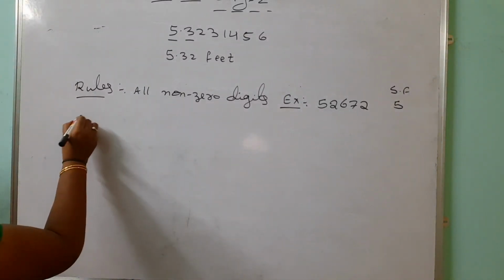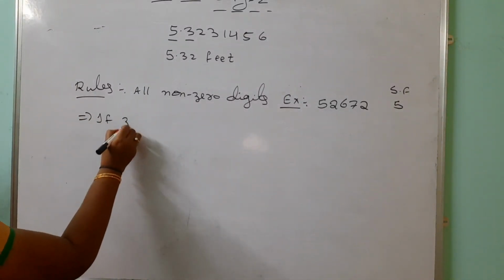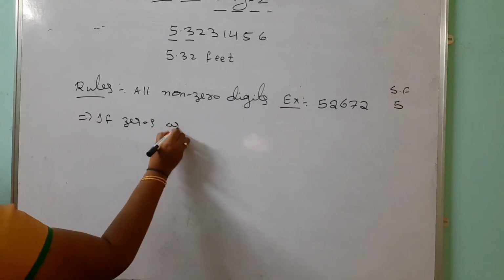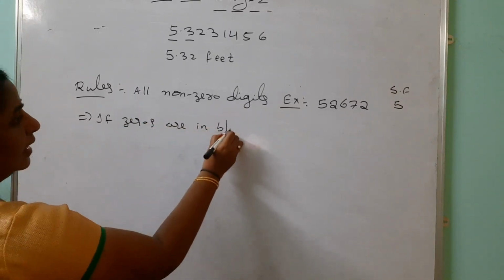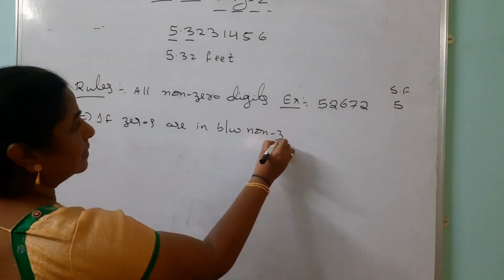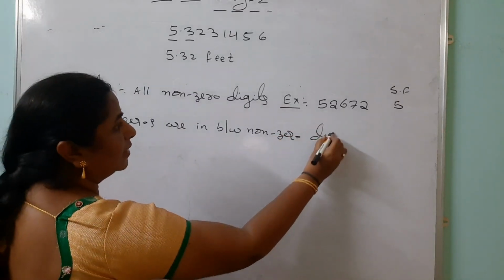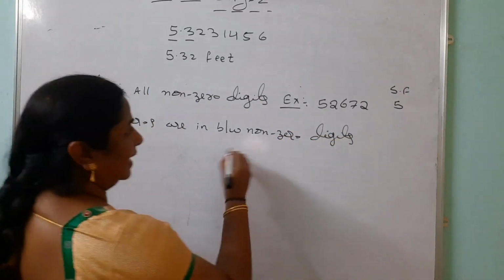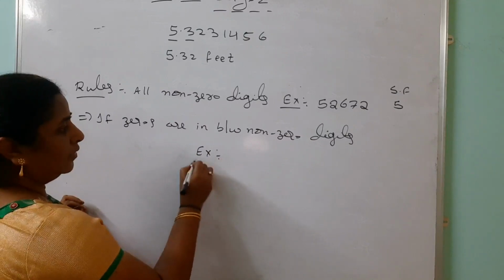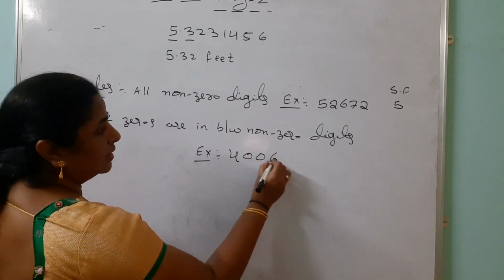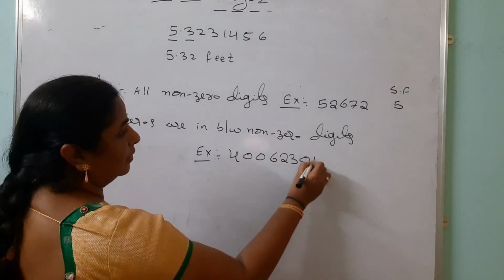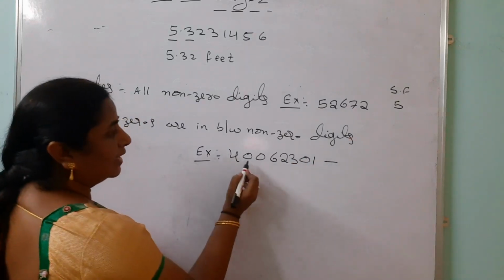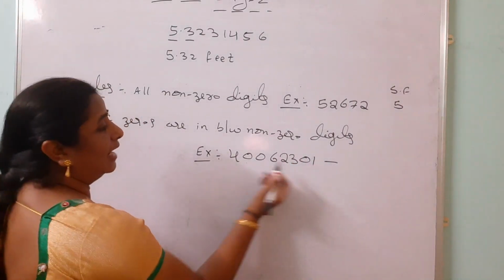Then the second rule is, if zeros are in between non-zero digits, for example, look here, 4623.01. So how many significant figures? See, these zeros we should also count. Why?